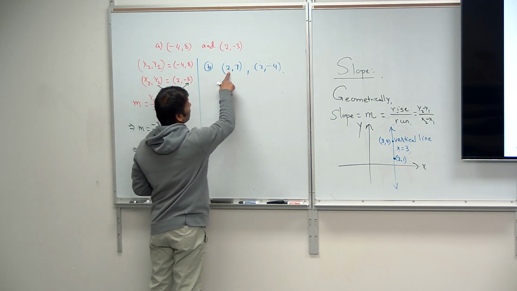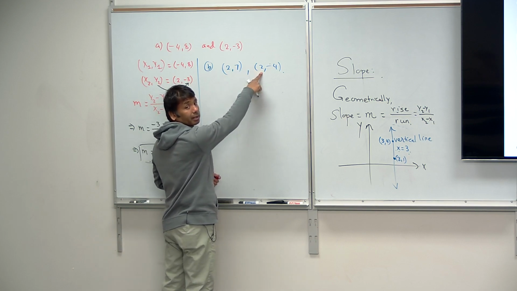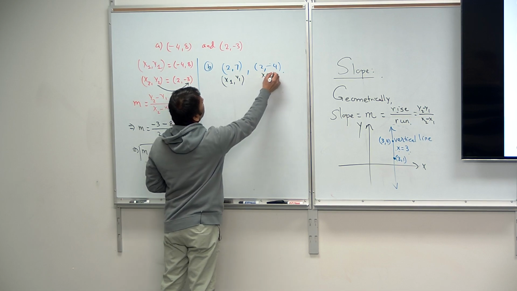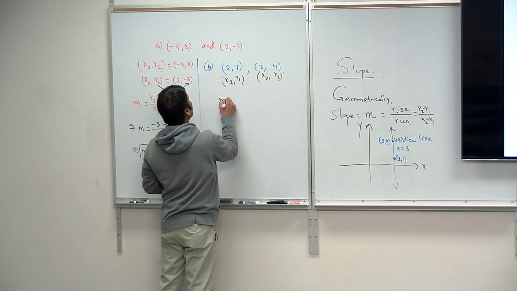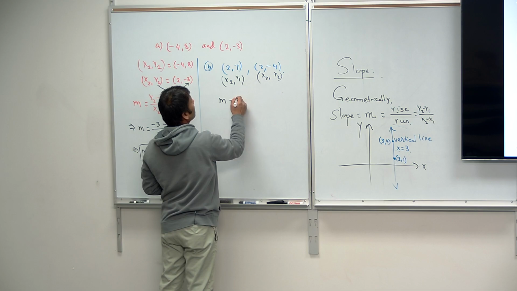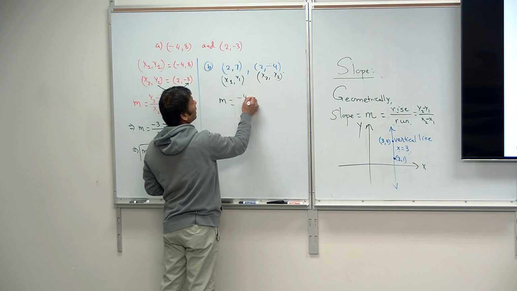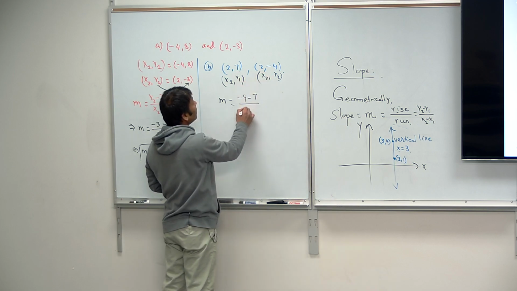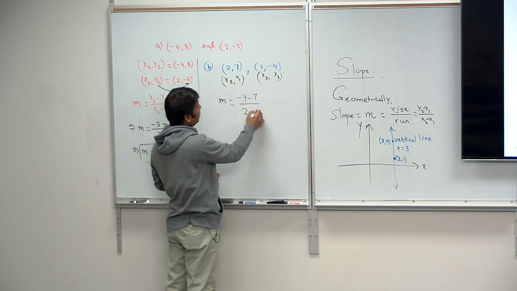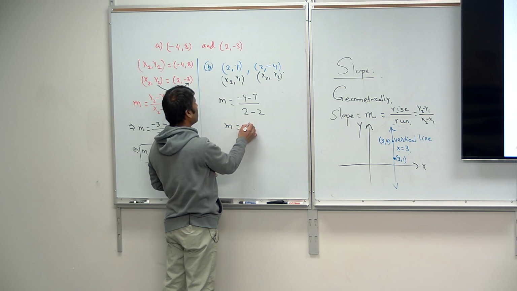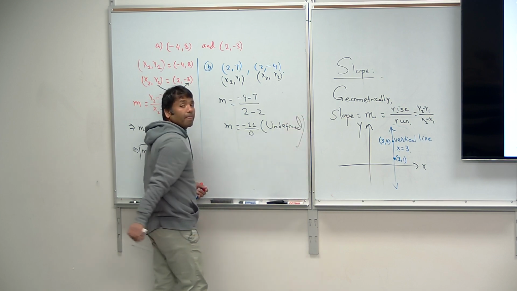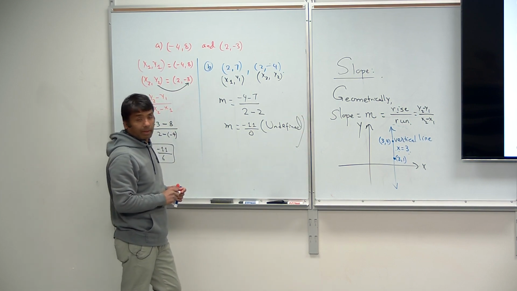The x coordinate is fixed, so your slope is y2 minus y1, which is negative 4 minus 7, over 2 minus 2. So this is negative 11 over 0, which is undefined.